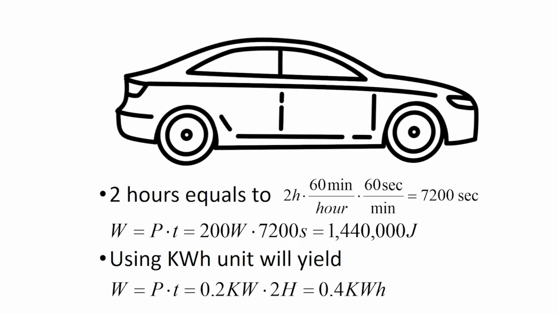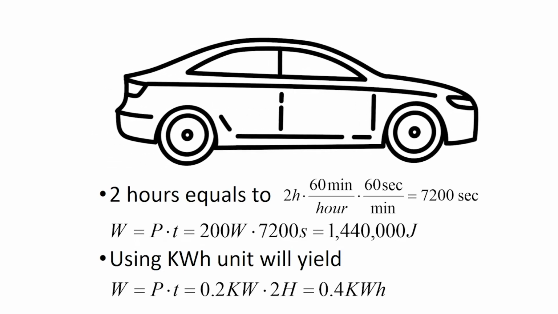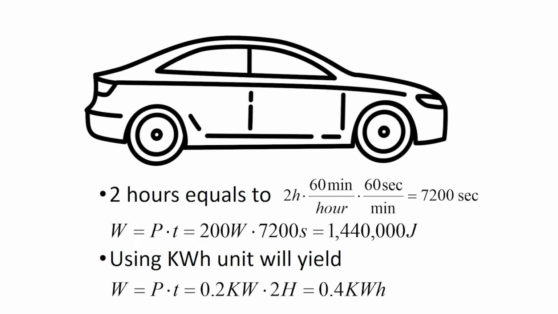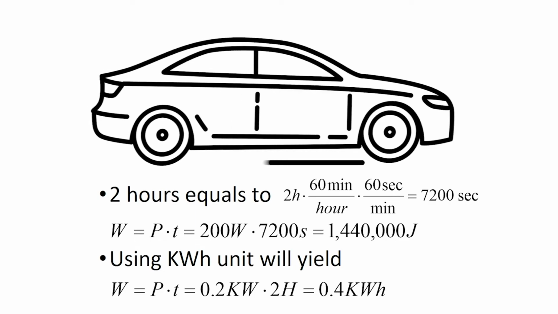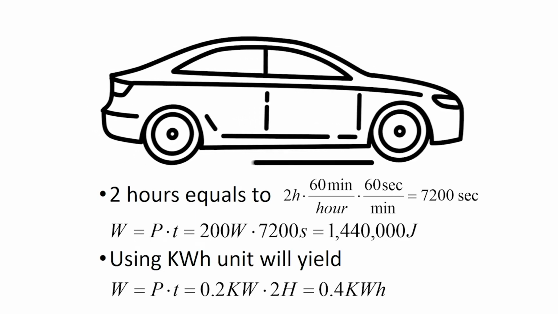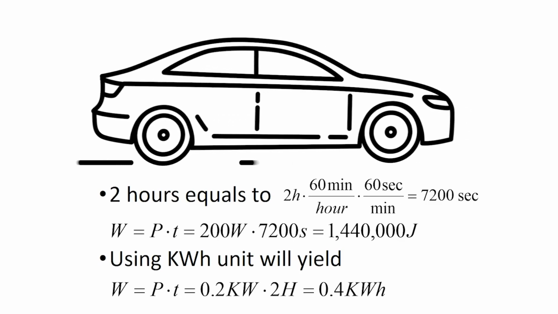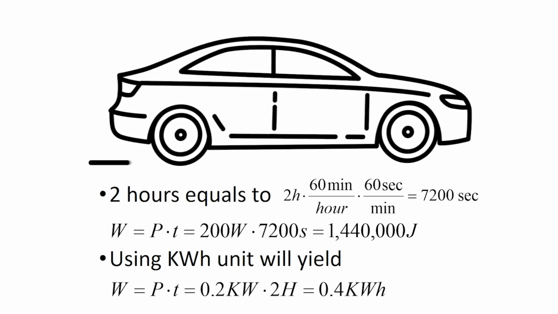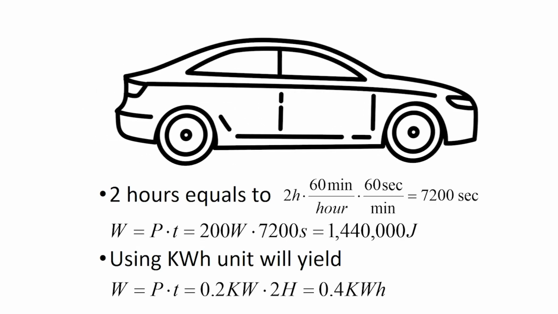Answer: 2 hours equal 2 hours times 60 minutes per hour times 60 seconds per minute, which gives 7,200 seconds. W equals P times T, which in this case equals 200 watts times 7,200 seconds, which gives us 1,440,000 joules.